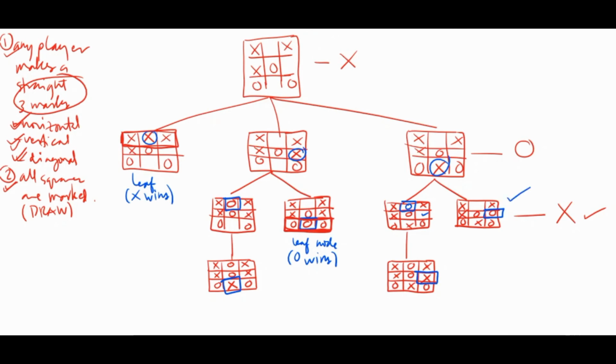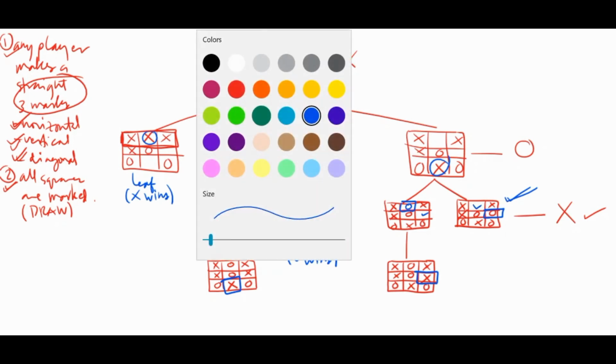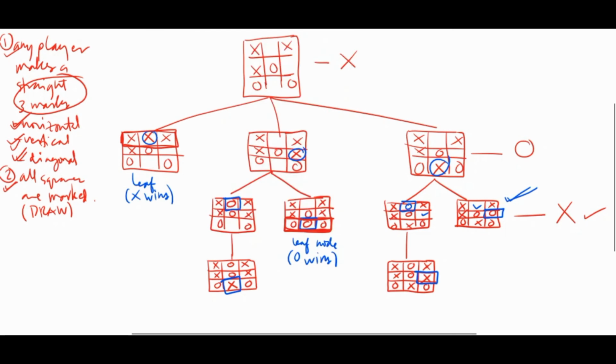The next game state is this one, and this is not yet a leaf node because there is no player, either X or O, that has made a straight 3 marks. And there is still one vacant square, which is this one. And so we continue the game for player X now. And since there's only one square, it means also that there is only one legal move or transition.